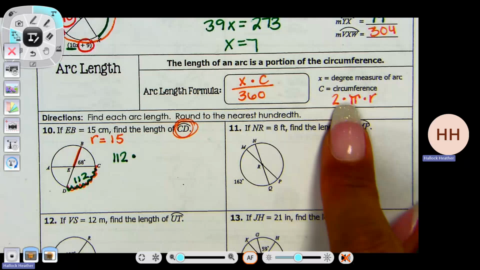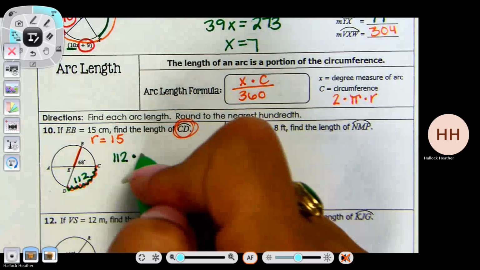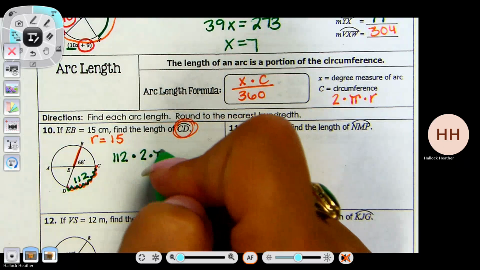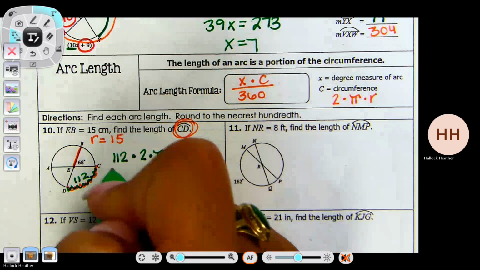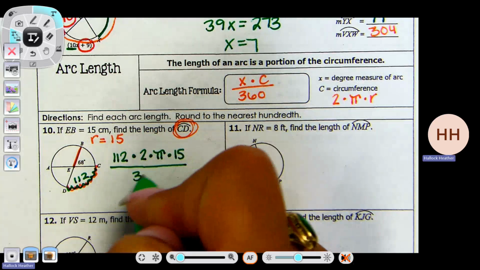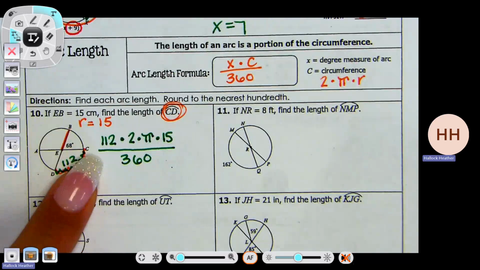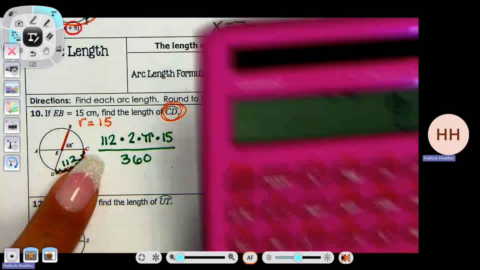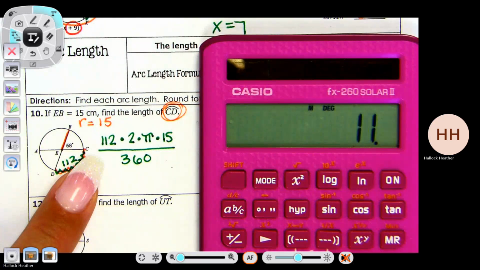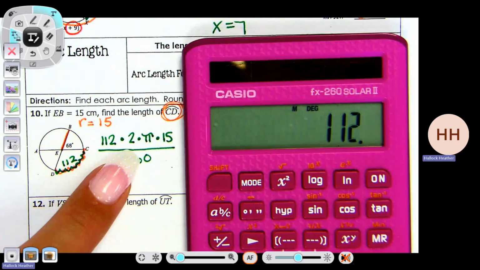So I'm going to do 112 multiplied by 2 times pi times my radius, divided by 360. This looks super crazy, but you're just typing into the calculator. First, 112 times 2 times pi.